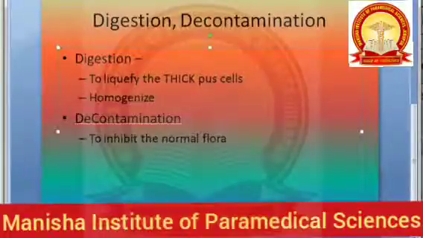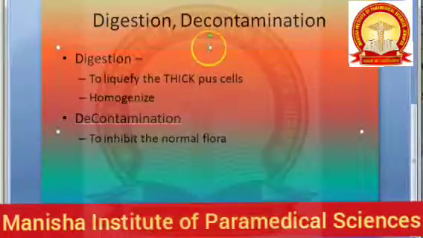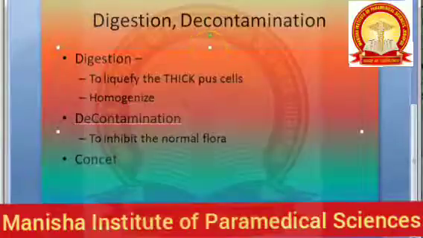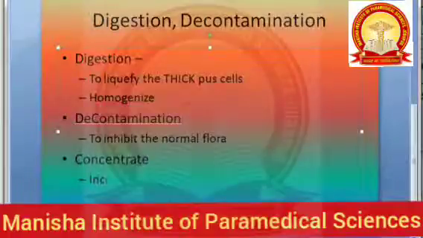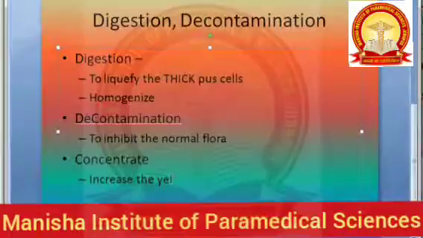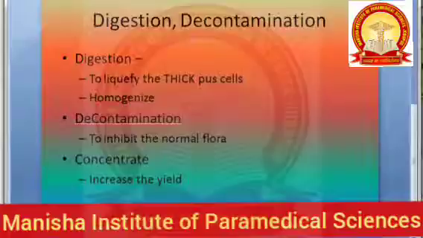So you want to inhibit the normal flora. That is why you will decontaminate it, and then you want to concentrate it. Why do you want to concentrate? Obviously to increase the yield, right? You want to have more bacilli, hopefully. Understood? Now is this much clear?